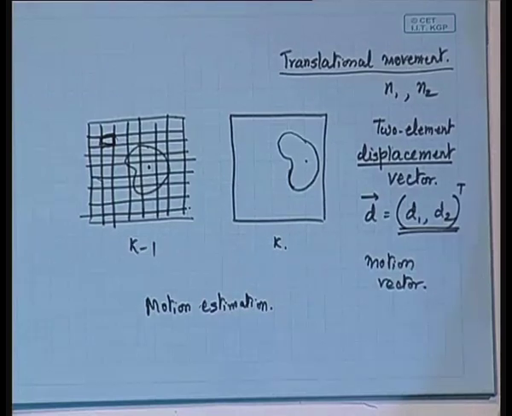If the block size is 8 by 8, then we have to compare the values for 64 pixels, and that is for only one search position, but there will be several search positions.